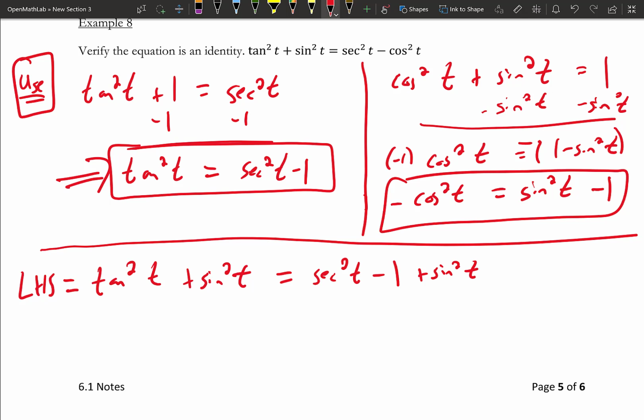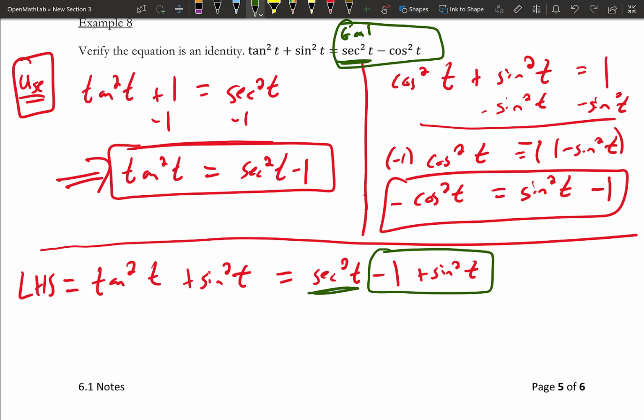Notice what we're trying to get to. Remember, the whole goal is to get to this right-hand side. Secant squared t, I can check that off. I already got that. What I want is for this part to be equivalent to negative cosine squared t. So I'm trying to work that out.